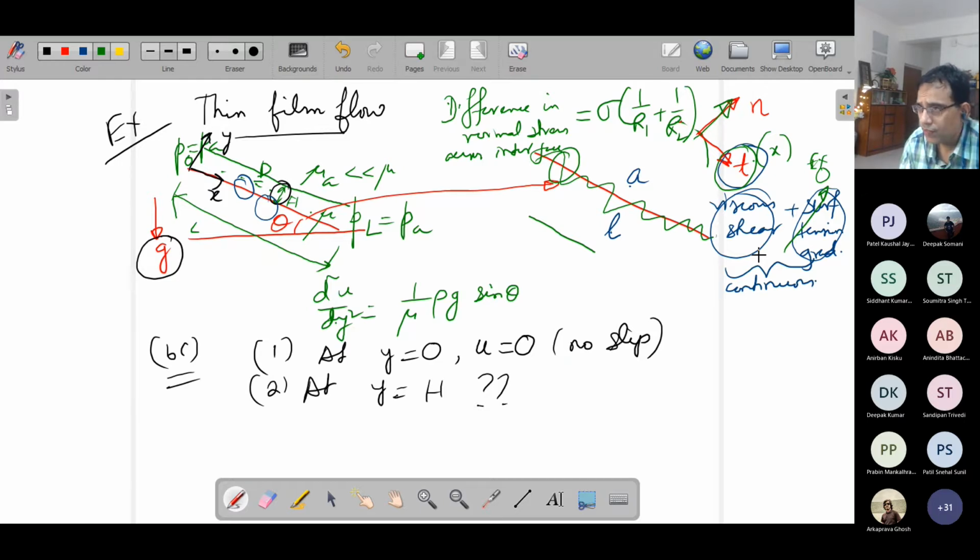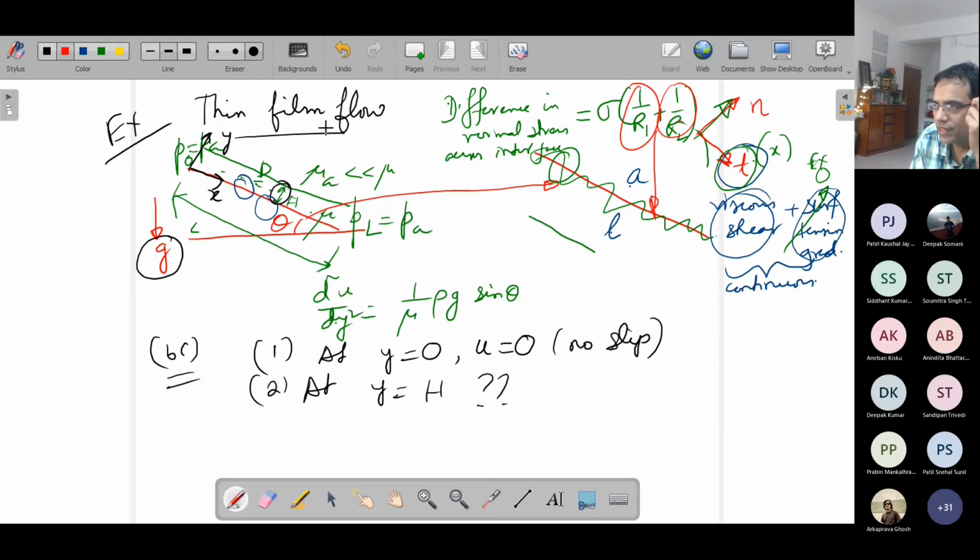More critically, if it's a flat interface, the radius of curvature is infinity. So that 1 by R1 plus 1 by R2 will become 0 for the flat interface. And therefore, it doesn't create any additional force due to pressure differential that will create any motion along y.